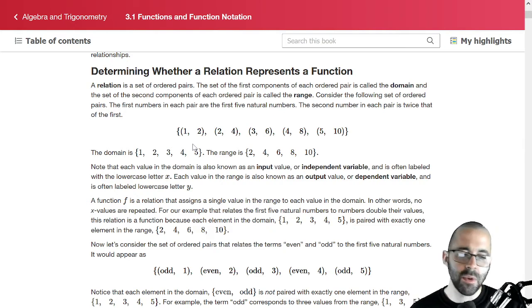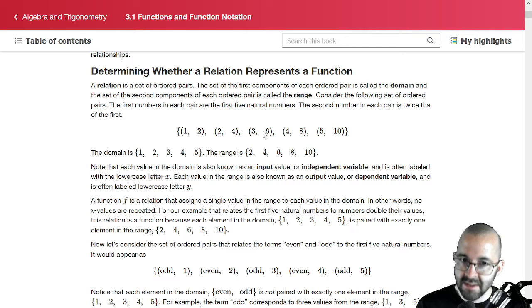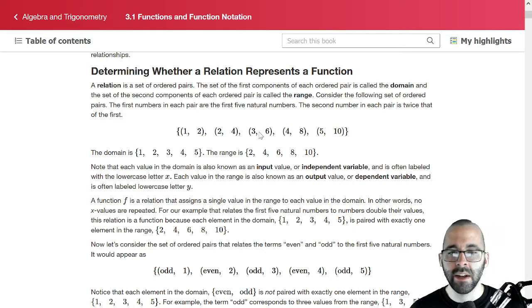So that's part of the definition: domain and range, input and output. The domain, the x values, are often called the independent variable. Just like when we were plugging in points to plot graphs, we'd plug in the x usually. That's the thing we have control over, the independent thing.